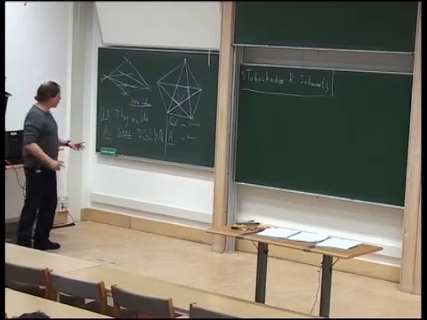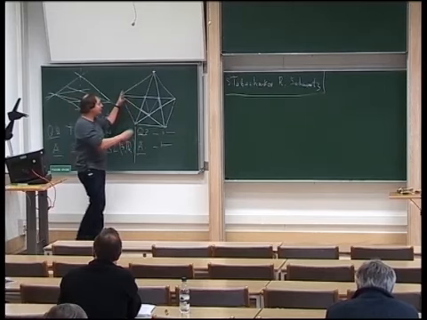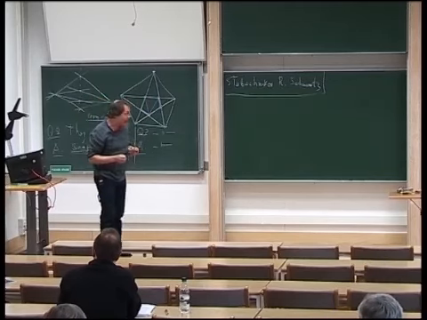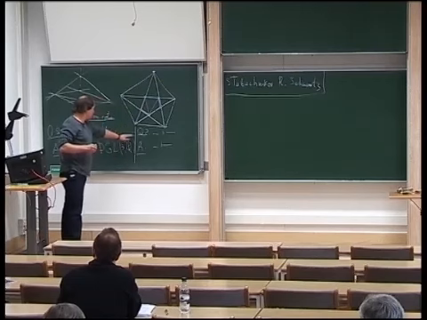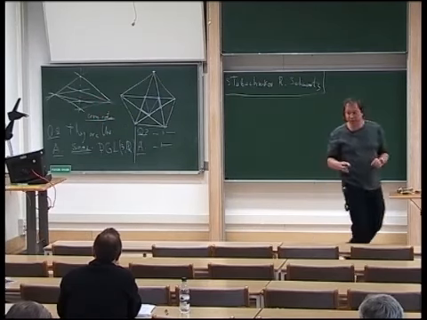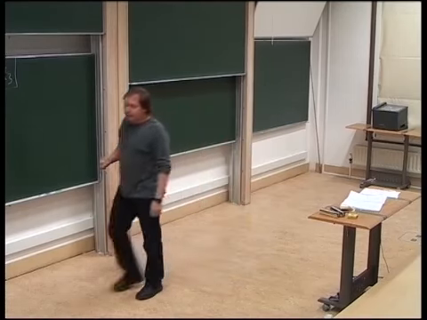So modulo projective transformations, this transformation on pentagons is actually the identity map, if we take this equivalence into account.